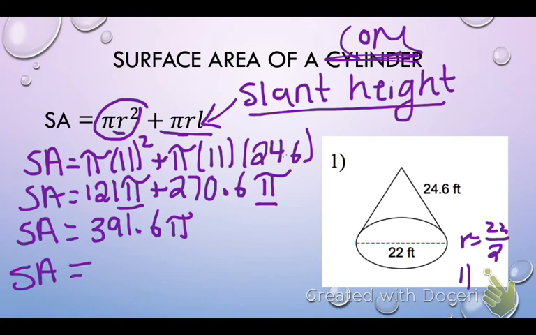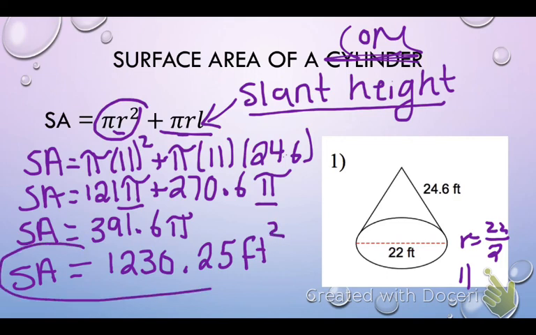And then my next answer is to multiply this out times pi to get my surface area to be 1,230.25 when I round, feet squared, because it's the surface area.